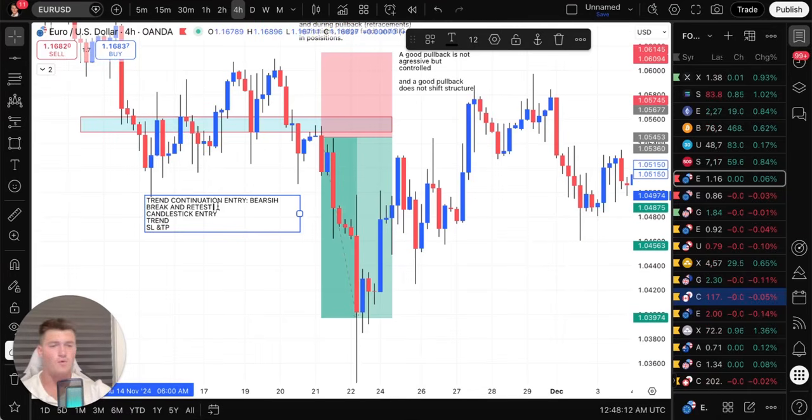Okay, we're back here on the 4-hour time frame. Got our break and retest of the area of interest. Candlestick entry, engulfing 1-hour candle.